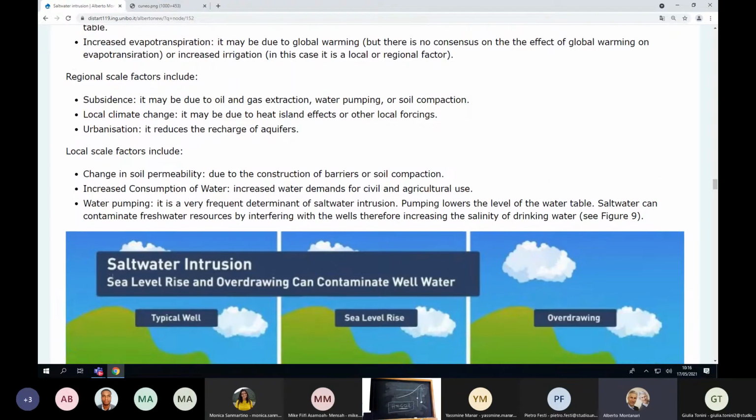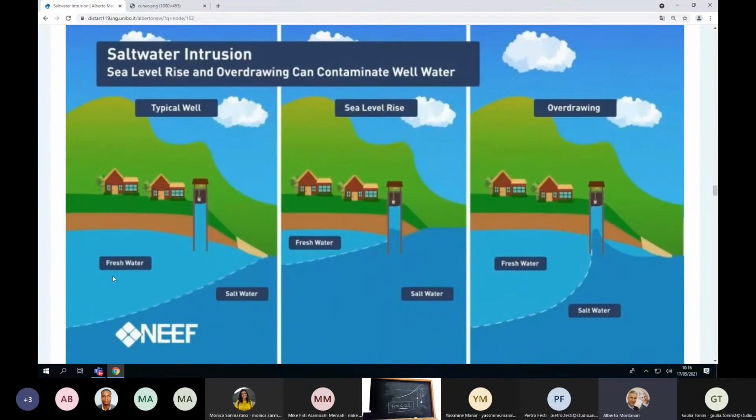And so basically what may happen is what you see in this figure, that now we can comment with full understanding. If you look on the left, you have the natural situation. If you look on the right, there is the situation that might be originated by excessive pumping.